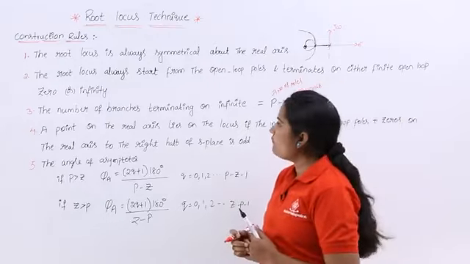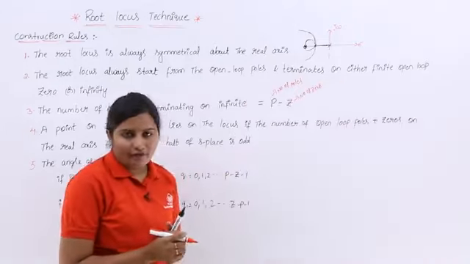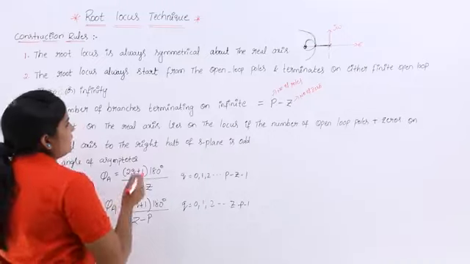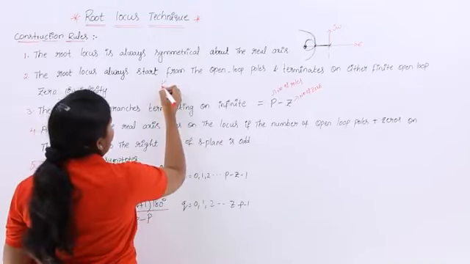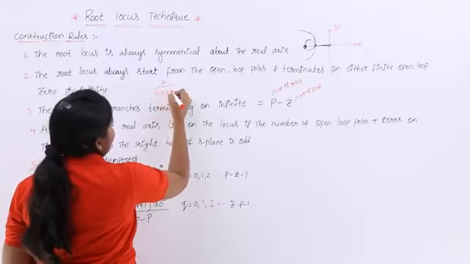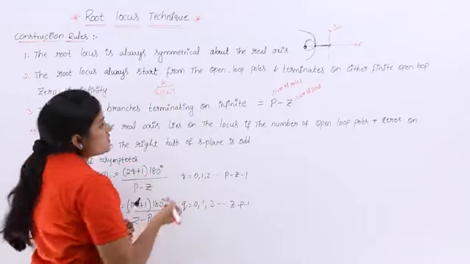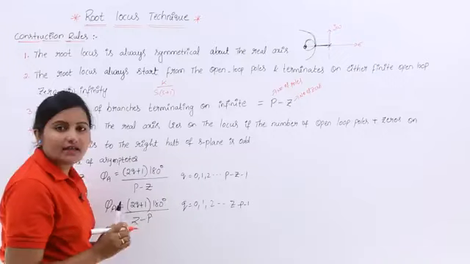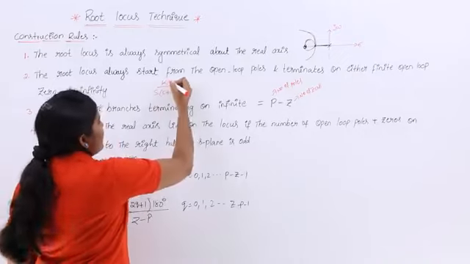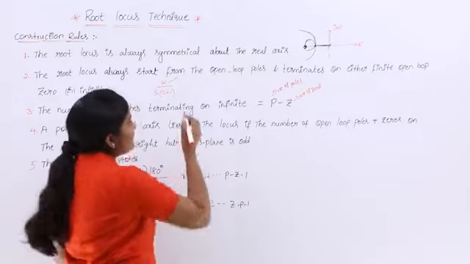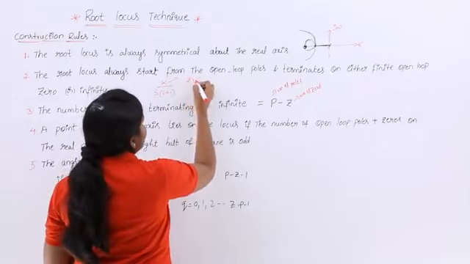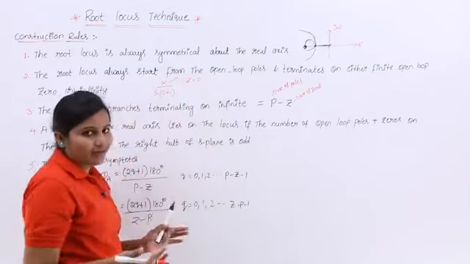For example, if you are given an open loop transfer function like this, k by s into s plus 1, how can we determine the number of zeros? By observing the numerator, we can determine the number of zeros. Here the number of zeros is equal to 0, because we do not have any s term in the numerator.